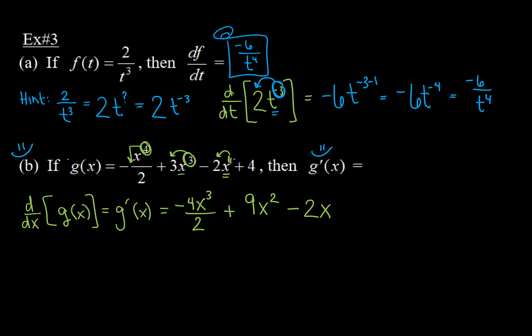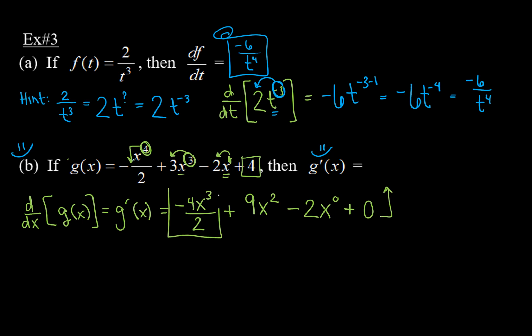So I'm going to have 1 minus 1, which is going to give me 0. Right? Good. And then my last term is a constant. So what's the derivative of a constant? Yeah. It's 0. Perfect. All right, so we're just going to clean that up and put that as the answer.